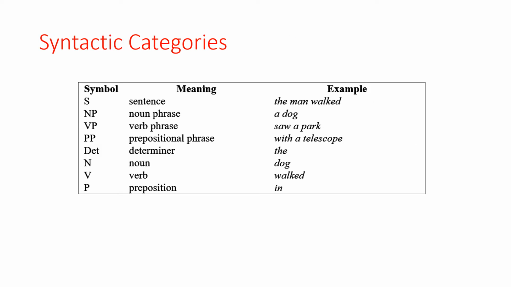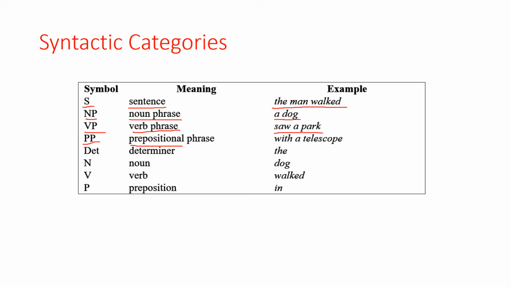Before defining a context-free grammar, let's recall the most frequent syntactic categories, their symbols and their meanings. The symbol S refers to a sentence, for example, the man walked. NP is a noun phrase, for example, a dog. VP is the verb phrase, for example, saw a park.